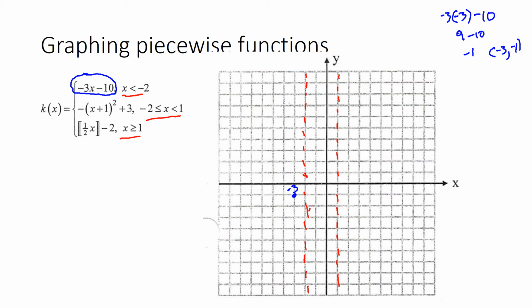The function -3x, which is what we have over on this side, -3x minus 10 has a slope of -3. The slope of -3 is the same as -3 over 1. This tells us that we can go down 3 and right 1, or we can go up 3 and left 1.